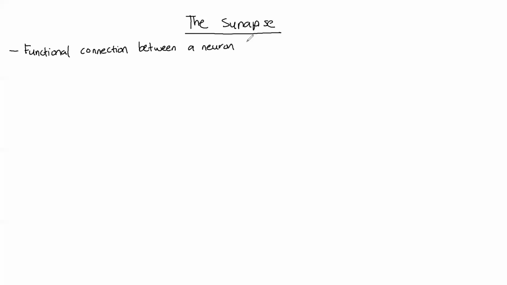Okay, so we're looking at the synapse. We described it as being a functional connection between a neuron and another cell that is being signaled.